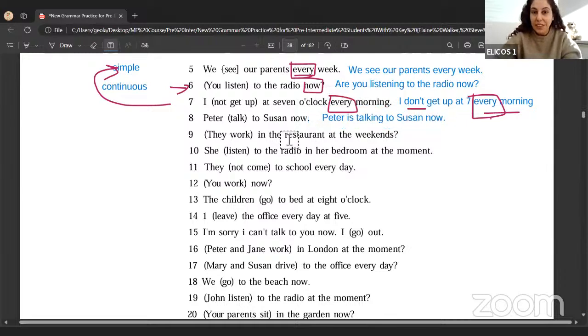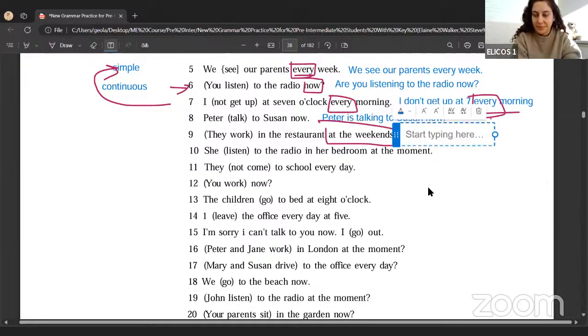Number 9, they work in the restaurant at the weekends. So it sounds like a routine at the weekend. That's a routine. And it's a question. So what would I say? Yeah, Peter? Right? Yeah.